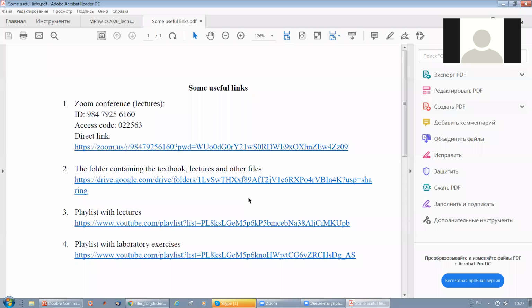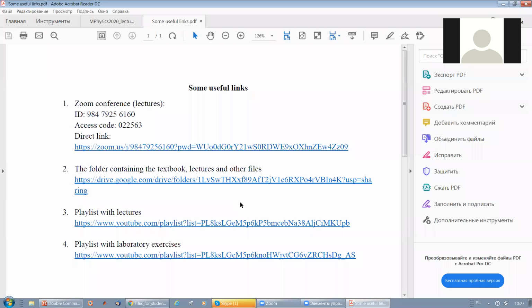Concerning your laboratory exercises, you should attach the report on your exercises. If you are doing exercises in laboratories, then the report can be just the photos of your notebooks with the data. If you are doing it online, then you probably know what to do.